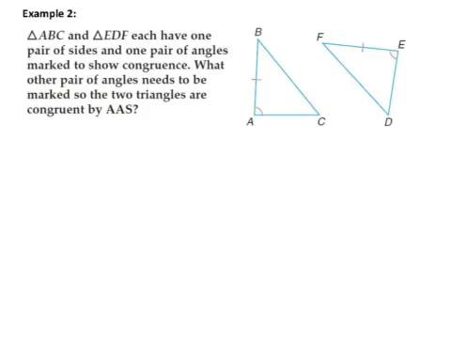Again, I can mark up my diagram this way so I can clearly see that what I need to have is an angle to force this side to not be included between the two.